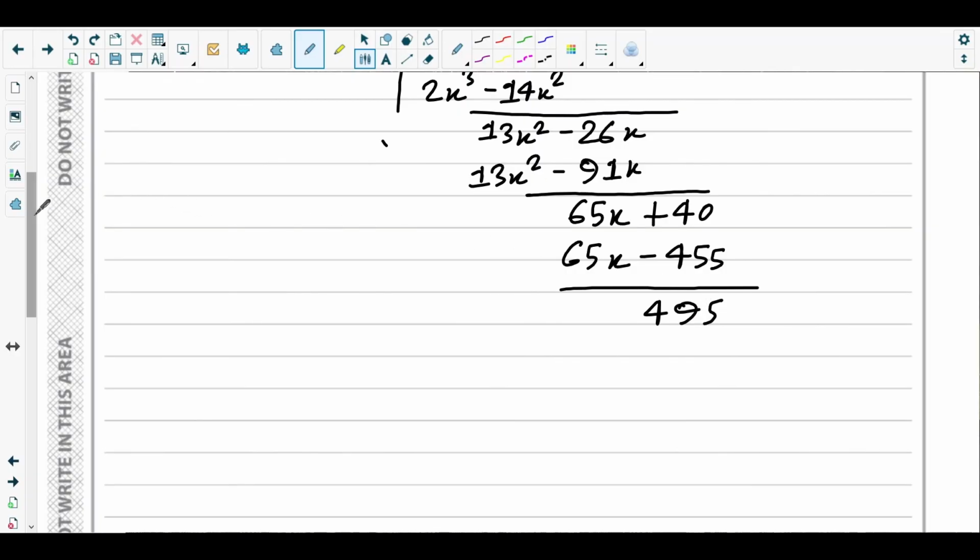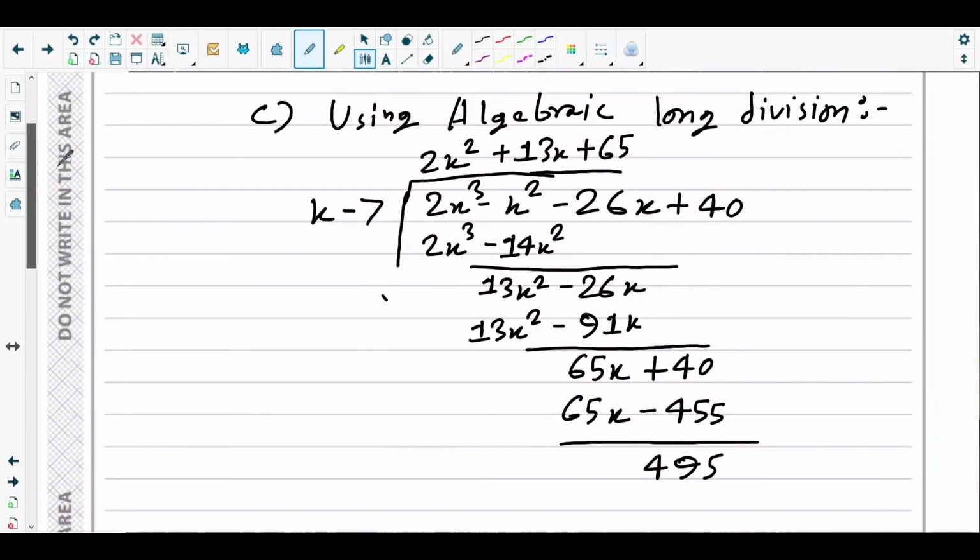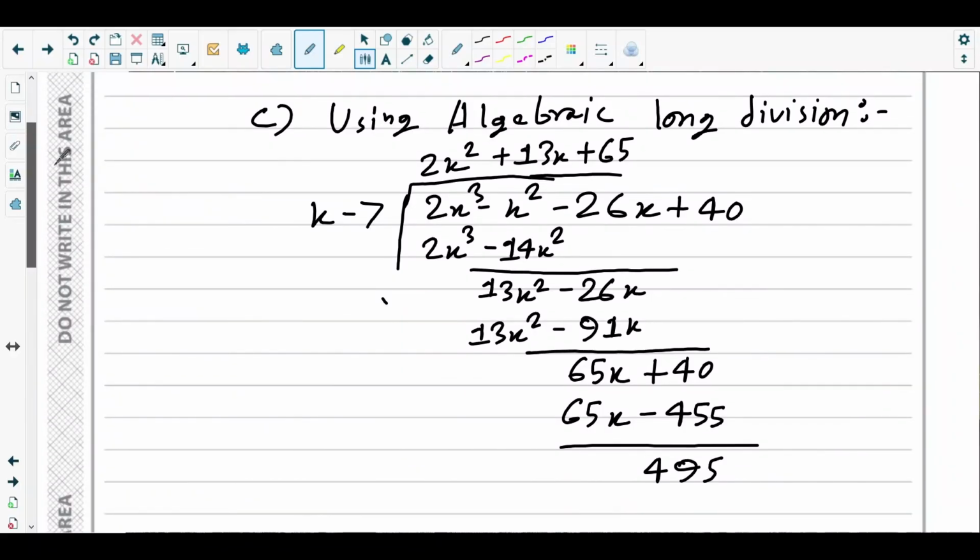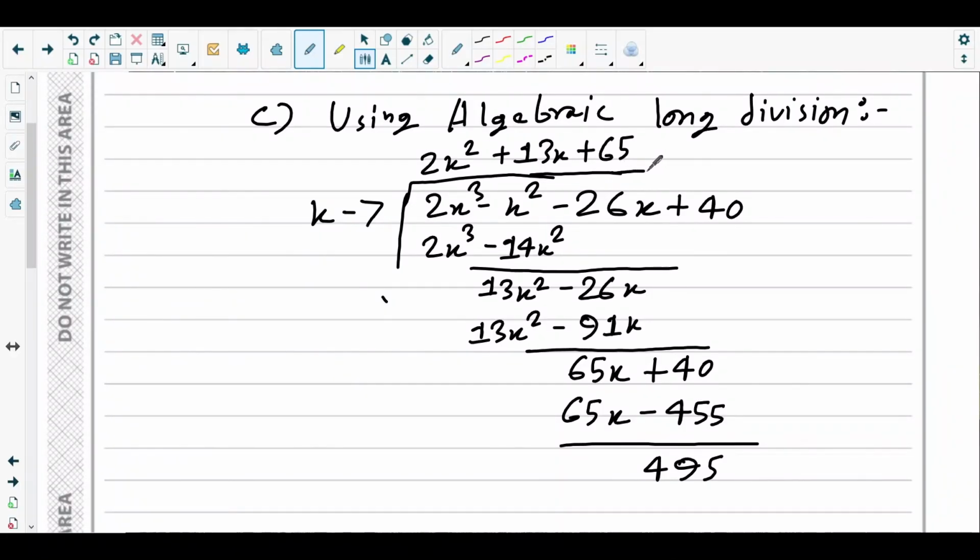Now, in order to complete this long division, what will we do? We will multiply the divisor by plus 495 over x minus 7. Okay, why are we doing this?